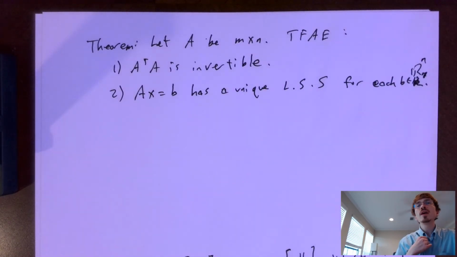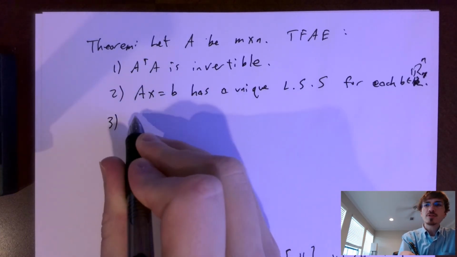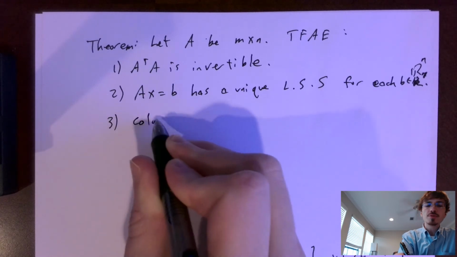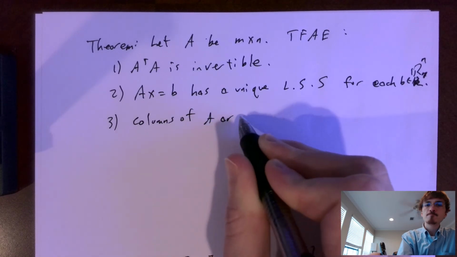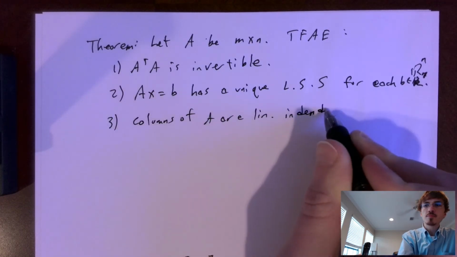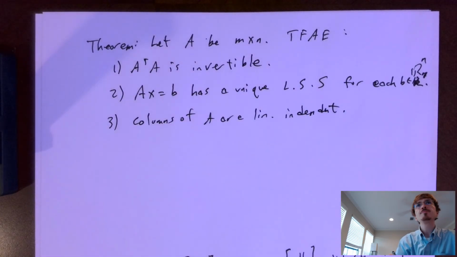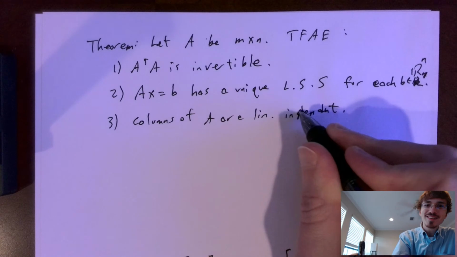So Ax equals b has a unique least square solution, and the content of the theorem here is that this happens only whenever the columns of A are linearly independent. Yeah? Independent. Spelling is hard.